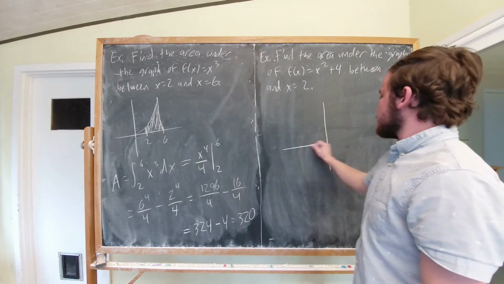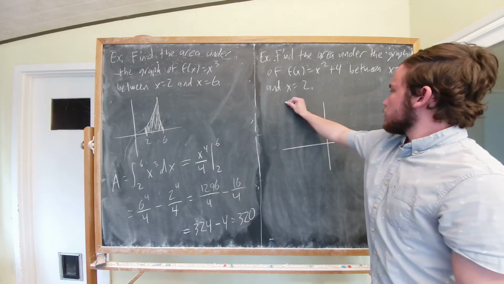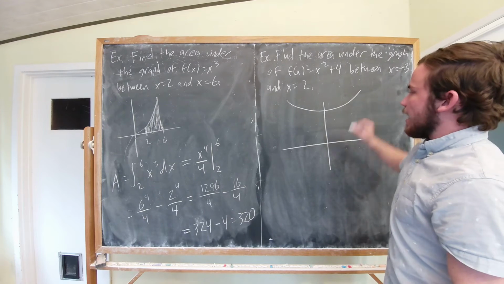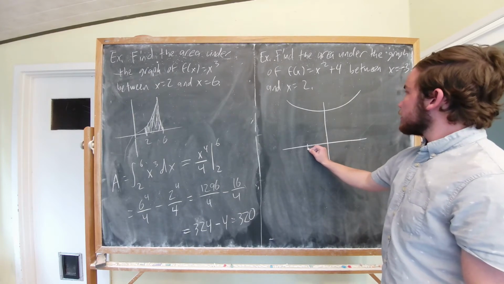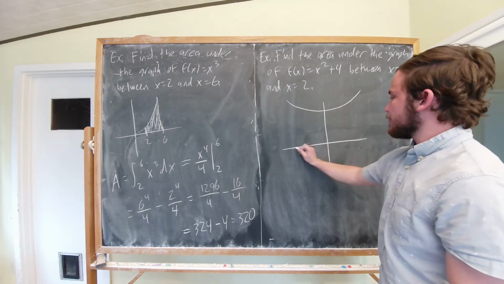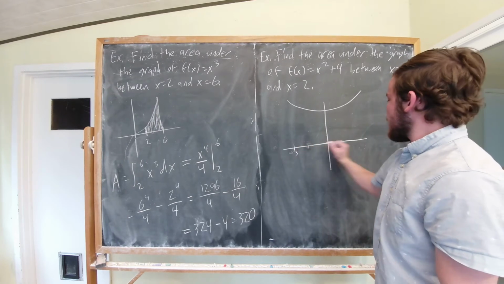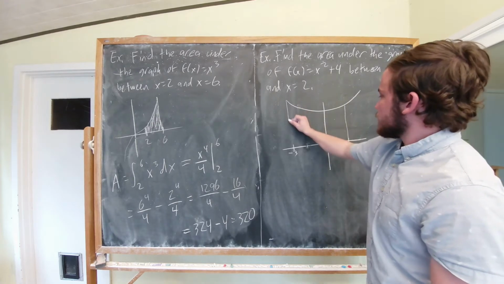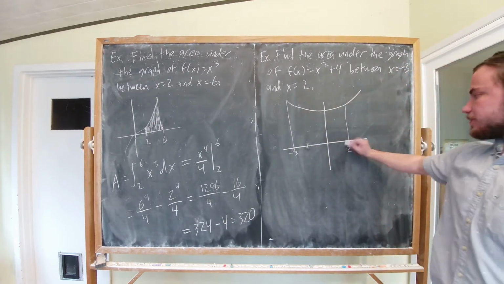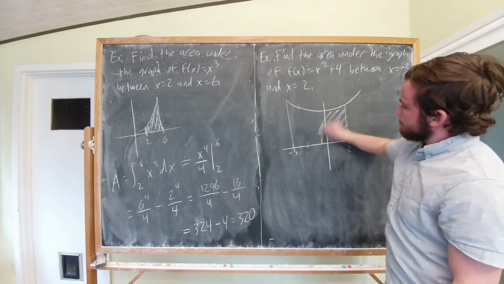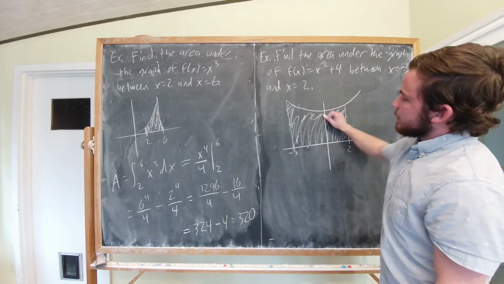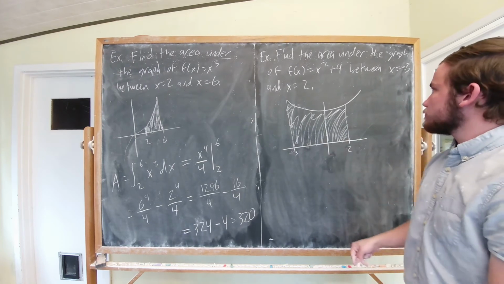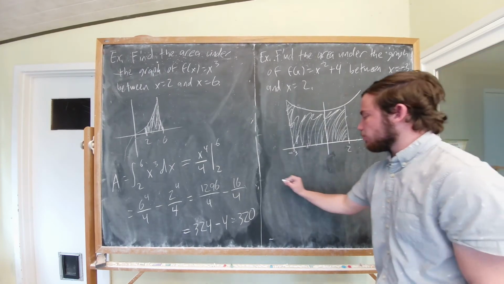So our graph in this case, x squared plus 4, will look something like that. And we're going between -3 and +2. So yes, this is asymmetrical, that's on purpose. We're trying to find this area right there. And all it is, it's another definite integral.